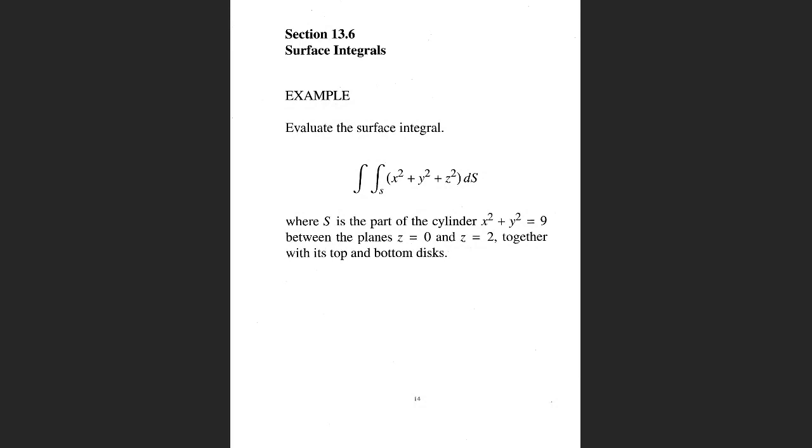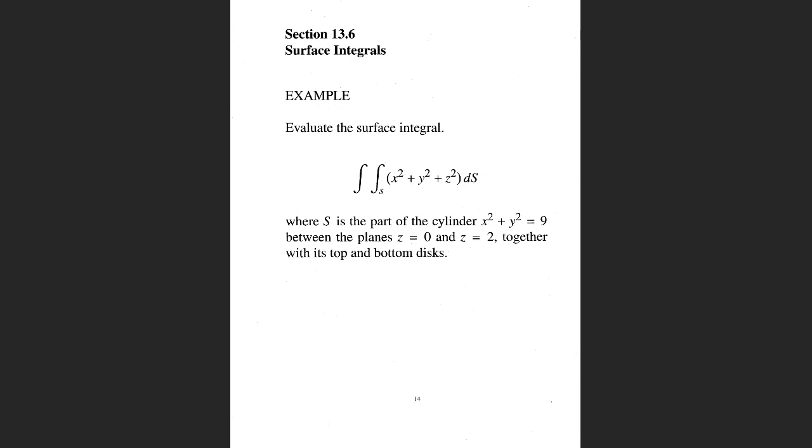This example is not one of the examples in section 13.6 when you read the material. It could be like something in your homework. I wanted to do a different problem with you, one that a little guidance would be helpful for.